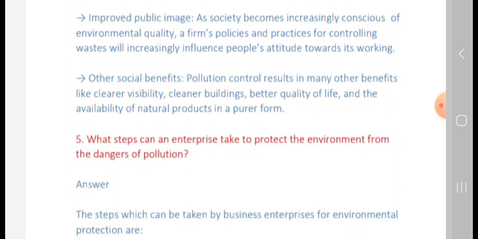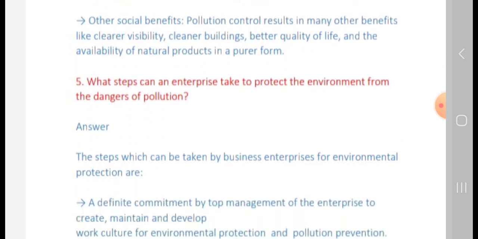And cost saving: an effective pollution control program is also needed to save the cost of operating the business and improve public image. As society becomes increasingly conscious of environmental quality, they form policy and practice for controlling waste. Other social benefits: pollution control results in many other benefits like clear visibility, cleaner buildings, better quality of life, etc.